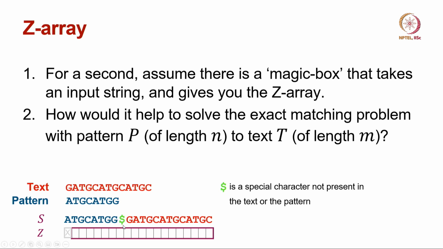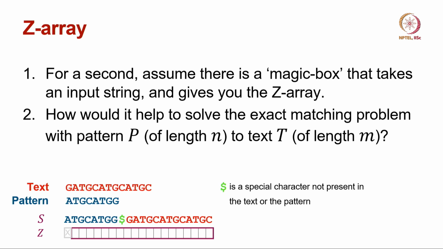It is a special symbol that we are using as a separator, and then we put the text. So string S is a concatenation of the pattern and the text, with a separator symbol in the middle. For this concatenated string S, we are going to compute the Z values.